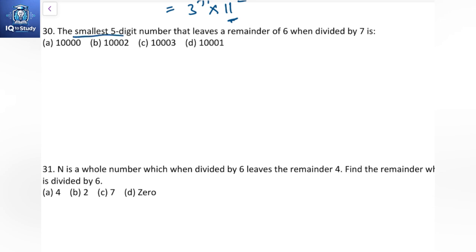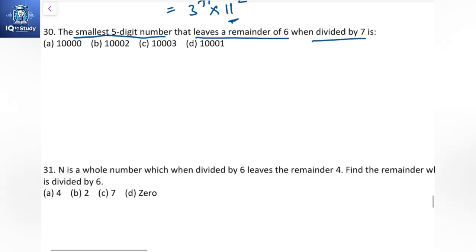The smallest 5-digit number that leaves a remainder 6 when divided by 7 is. The smallest 5-digit number is 10,000. When divided by 7, the remainder is equal to 4.